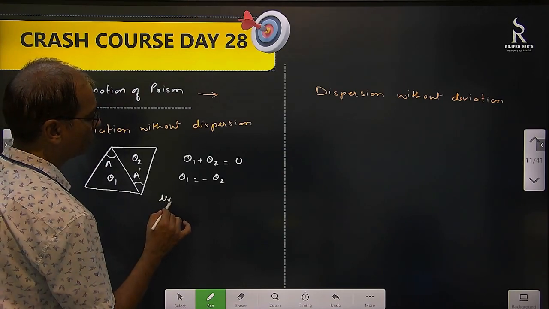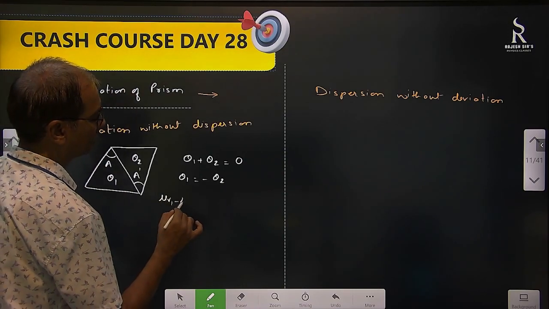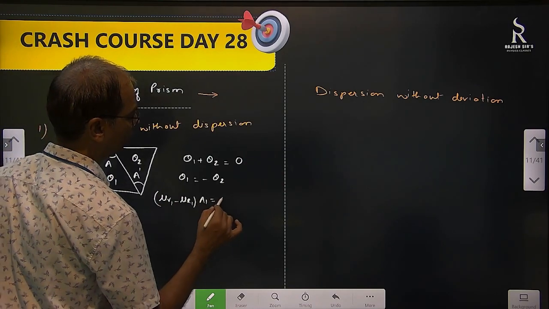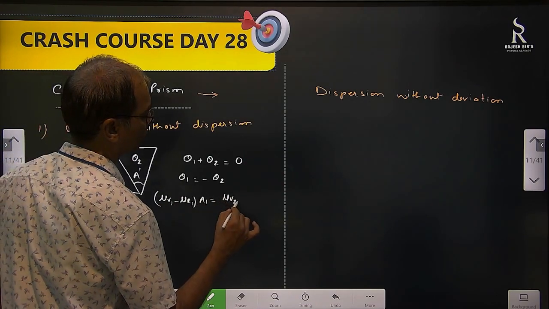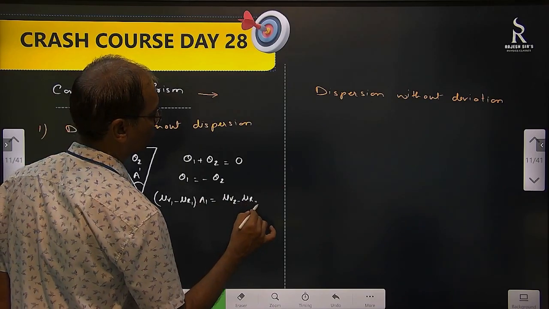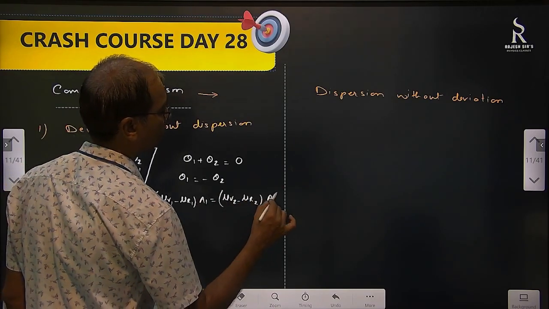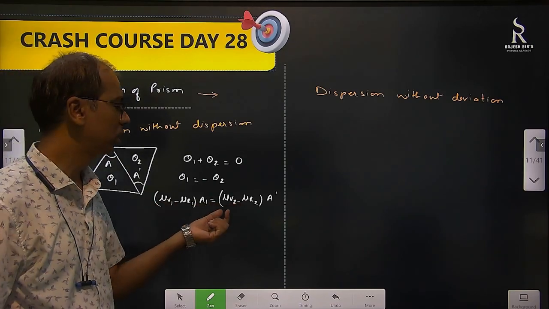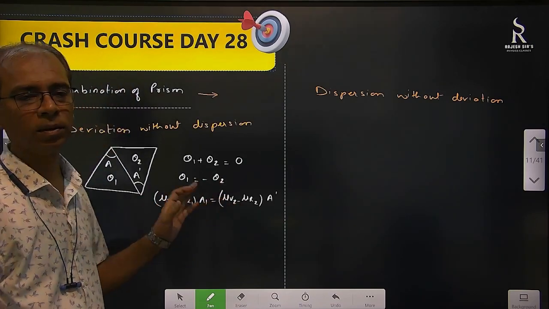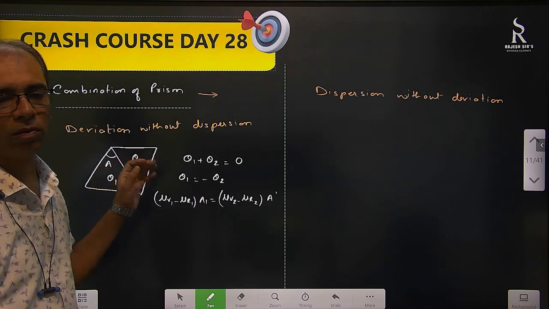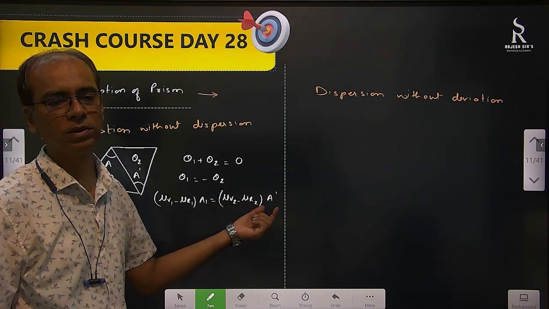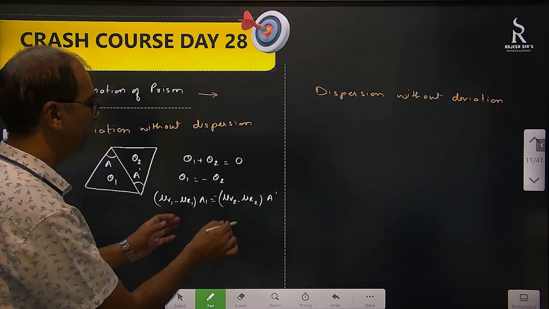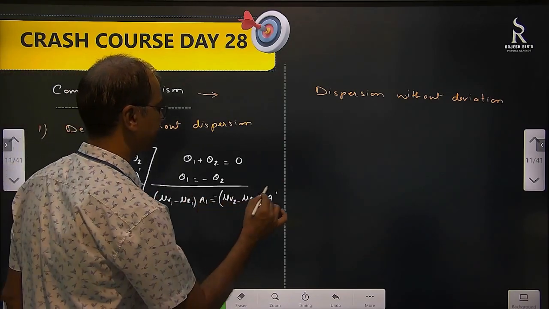Mu v1 minus mu r1 into A1. Here mu v2 minus mu r2 into A dash. Sometimes a question will be there, then they will give you mu v1, mu r1, mu v2, mu r2 and A1, and they will ask you that for the combination, what will be the angle of prism? So you say, okay, A dash will be equal to this by this. So this is the condition.